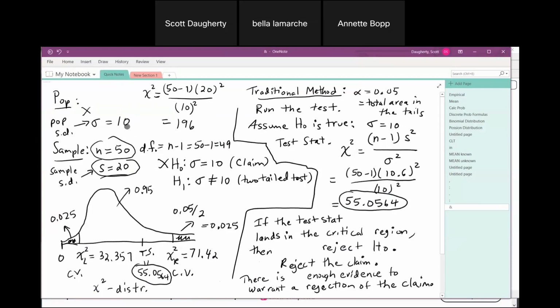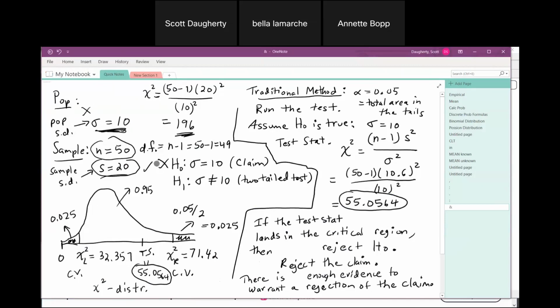And how do I know it's far away from 10? Because this chi-square value is so large, it's above 71, right? Once it's above 71, that's when it's too far away. That's when this is too big. And if this is too big, then I don't believe this is 10, because remember, this was an assumption. And looking back at it, I think my assumption is wrong, so I'm going to reject it.